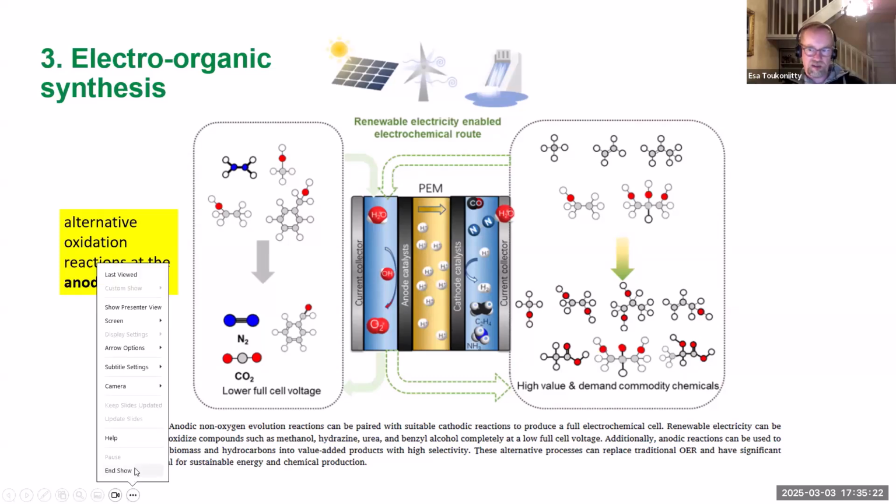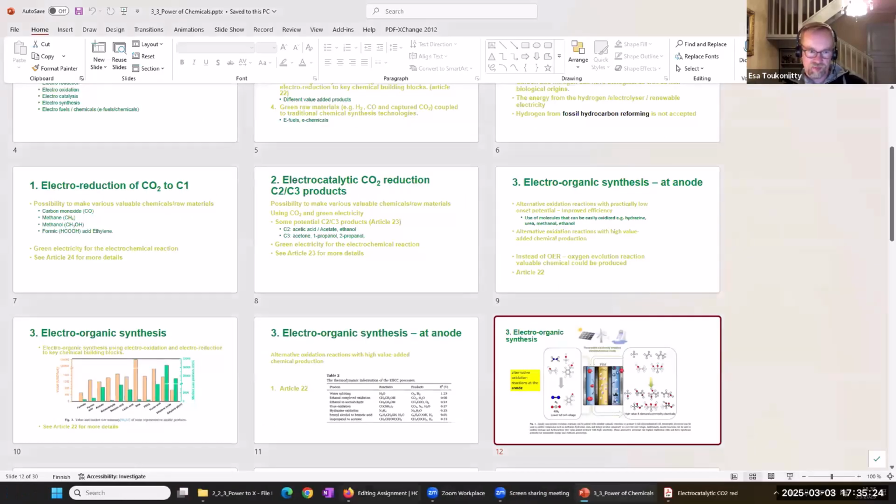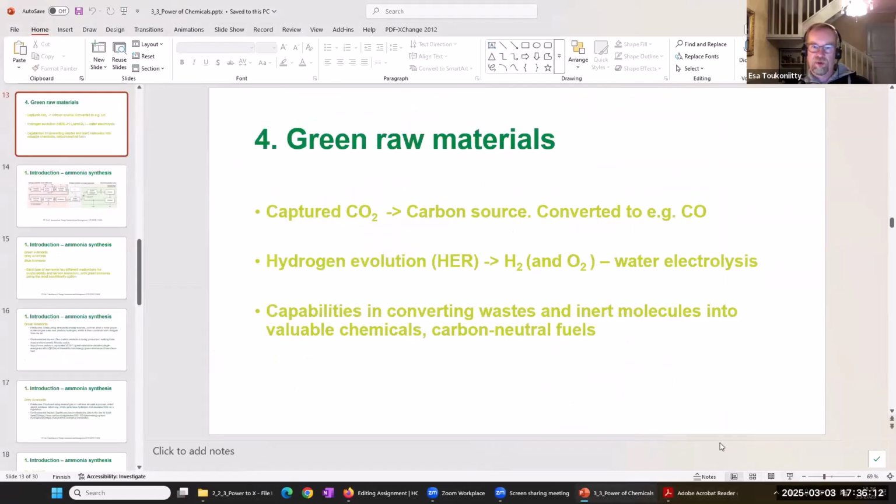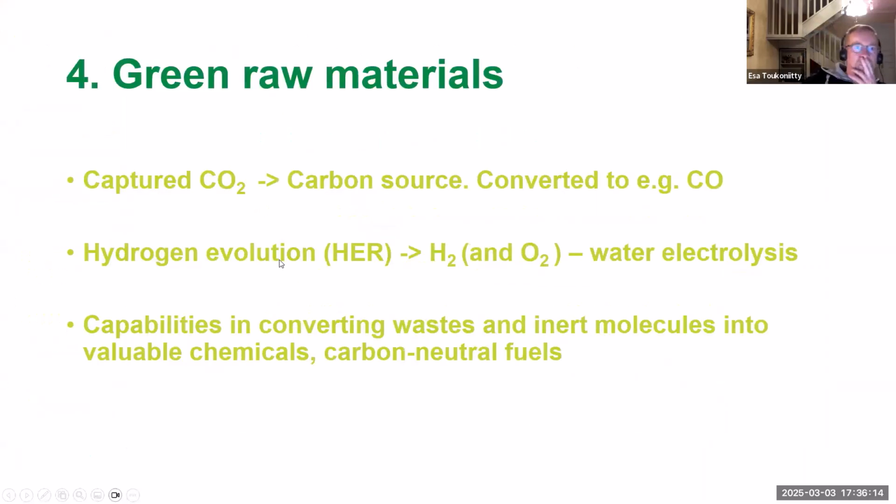And again, in the article there is a lot of detail. The approach was green raw materials, which we have covered in connection with many chemicals, but the primary idea here is that hydrogen evolution takes place.